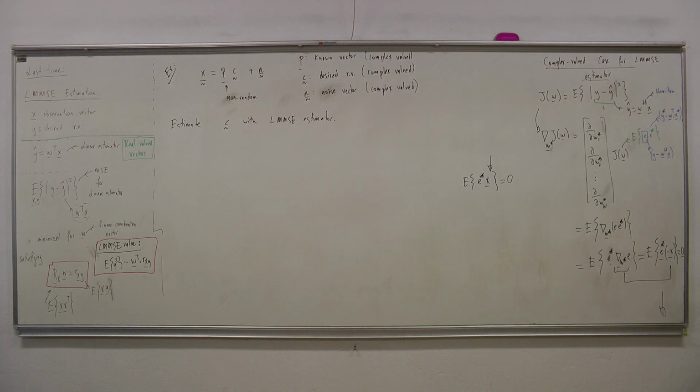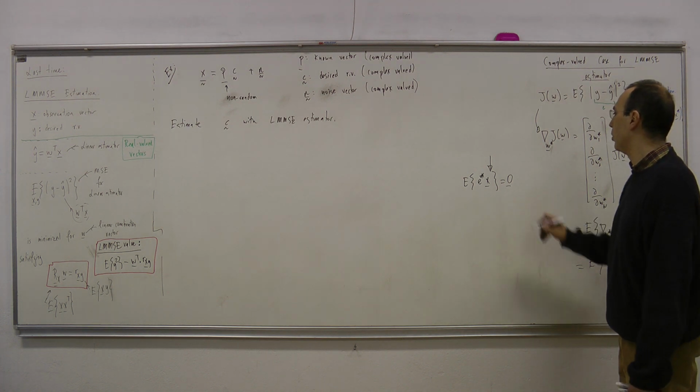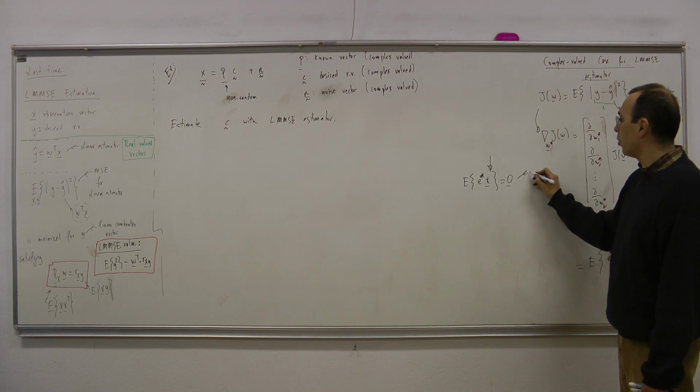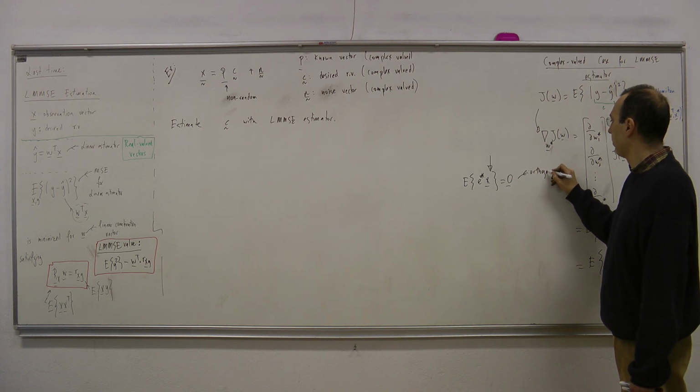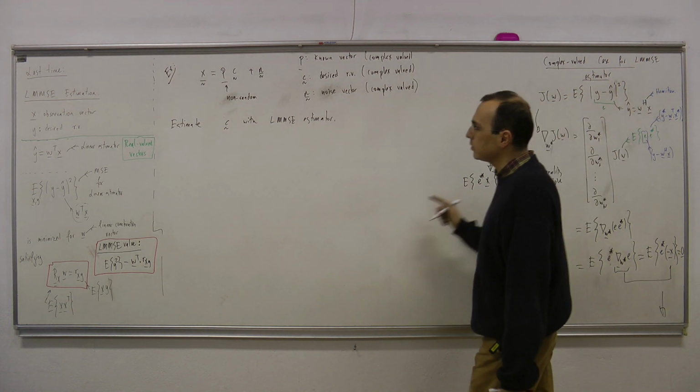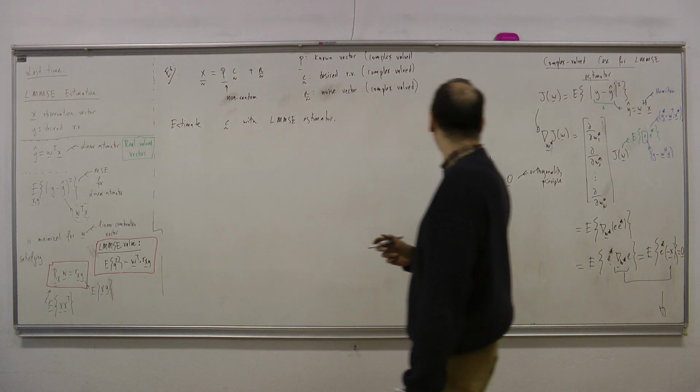Okay, so this is our final result. Error conjugate times X vector is equal to this 0 vector. So this is again our orthogonality principle. And we have exactly the same result without conjugates in the real valued derivation also.